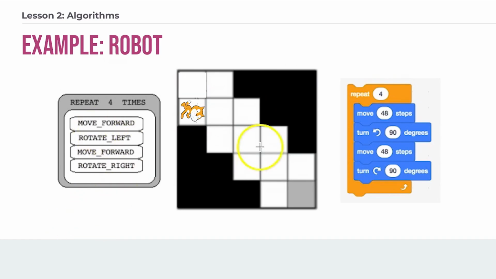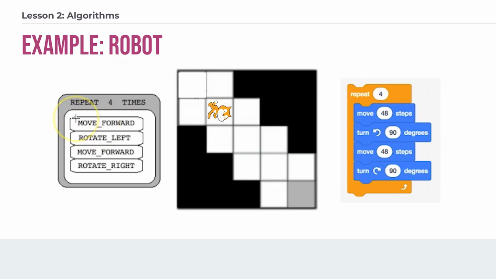Then rotate left. Oh, look at that right here. We have rotated our sprite left plenty of times. All right, so turn left or turn counterclockwise 90 degrees, move 48 steps again, because now you're pointed in a new direction, and positive 48 is going to change, in the direction that you're facing, 1 square, and then turn the other way 90 degrees.